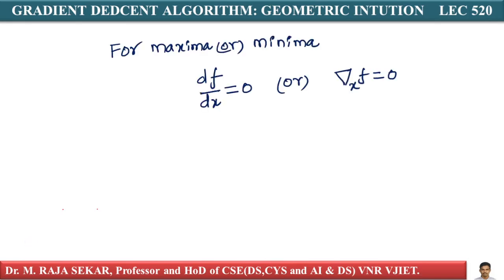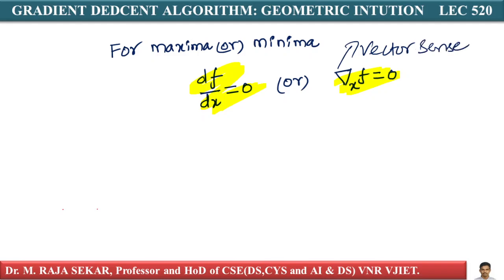When we were learning about maxima and minima, we saw examples where we solved df by dx equal to 0, or del f with respect to x equal to 0. This del f with respect to x is in the vector sense, isn't it?